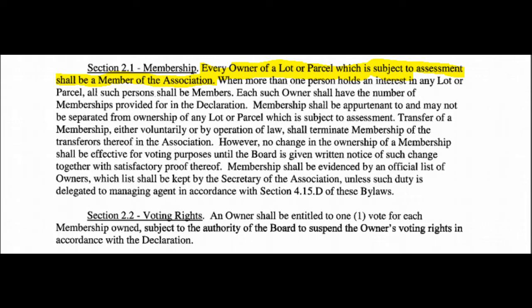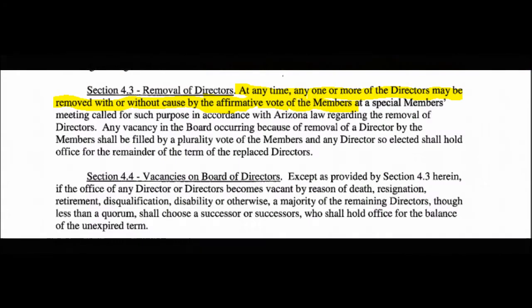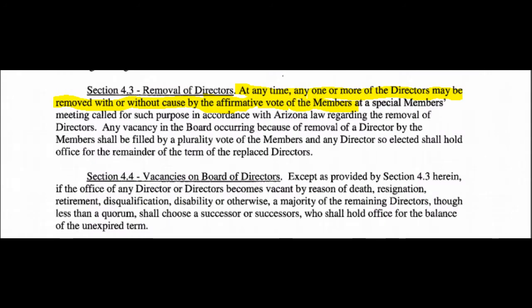The first one here is section 2.1, membership. Every owner of a lot or parcel which is subject to an assessment shall be a member of the association. So you have to sign into these association documents in order to be able to purchase a property in that particular community. On this particular section, section 4.3, removal of directors: at any time, any one or more of the directors may be removed with or without cause by affirmative vote by the members.